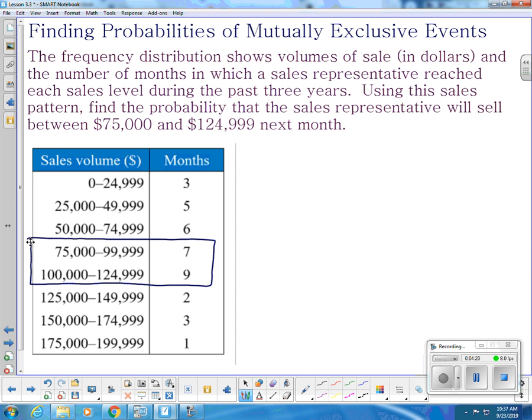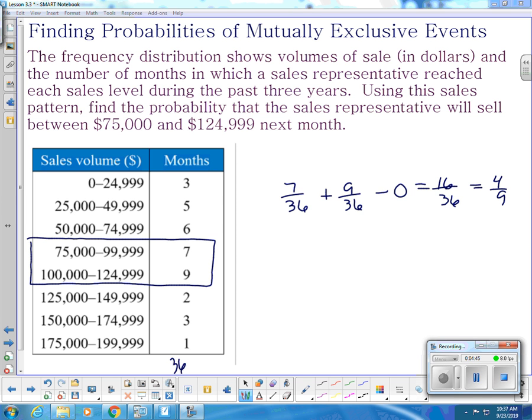We have 8, 14, 21, 36. So 7 out of 36 is my first group, plus 9 out of 36 is the next group. What's the intersection? 0. Four ninths. Does that make sense? They're mutually exclusive, yes?